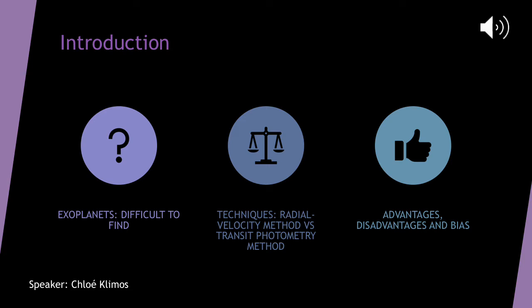Because of their small size and low brightness relative to other bodies in space, they have been challenging to find. In this presentation, we will be explaining in detail the two most successful methods for detecting exoplanets that have been used in recent years: the radial velocity method and the transit photometry method.